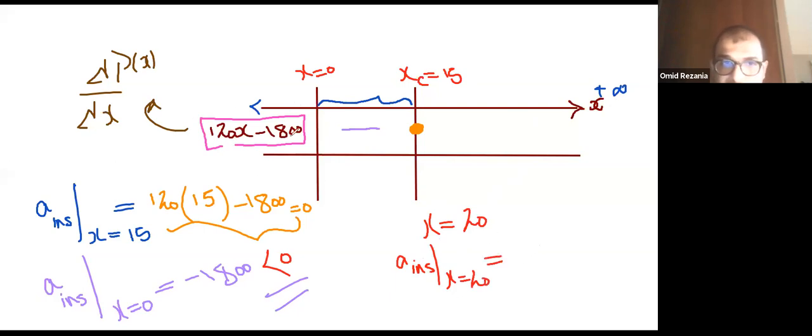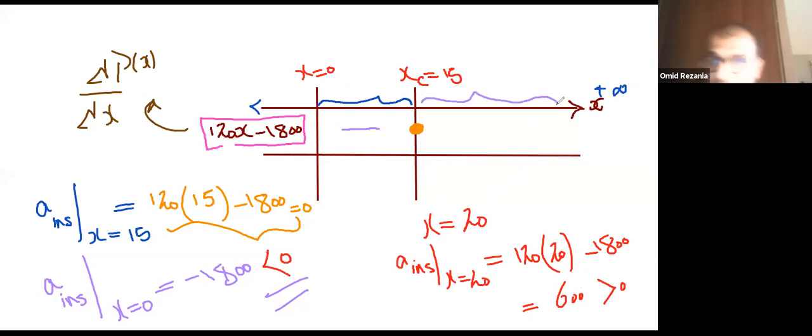I plug 20 inside this equation. Then I have 120 times 20 minus 1800, which becomes 600, which is a positive number. It means that in this interval, from x equal to 15 going all the way to infinity, if you pick any number, which we randomly selected to be 20 because it was easy to calculate, we get a positive number.